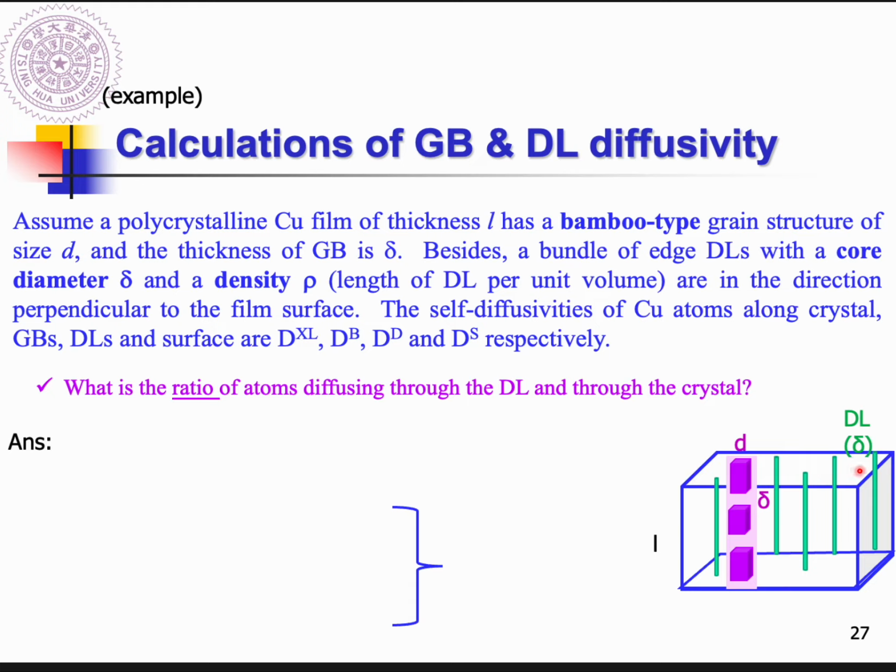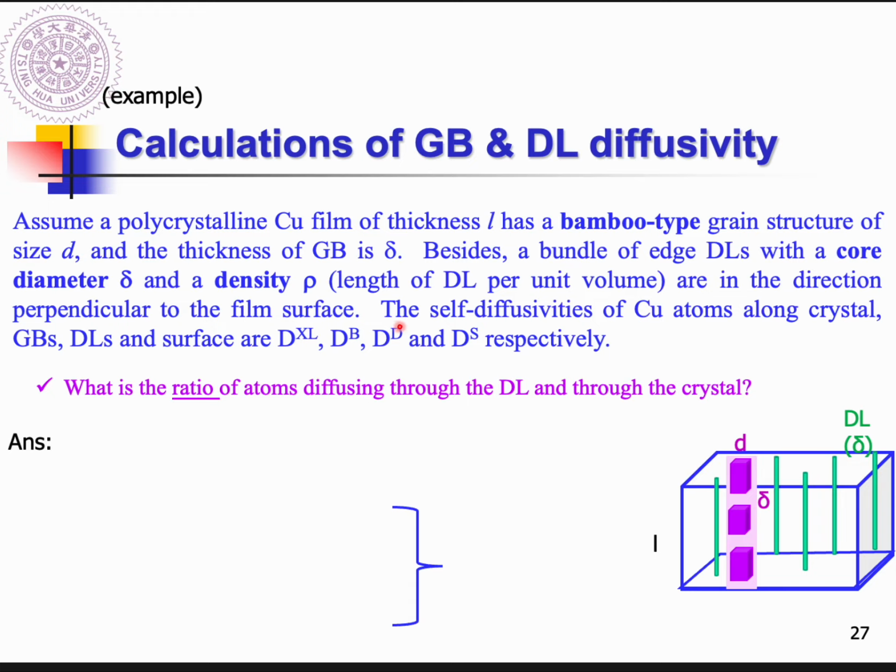I just try to draw 5 dislocations with diameter delta. Summing all lengths together gives the total length of dislocation per unit volume. This is the unit for density rho, and the direction of the dislocations is perpendicular to the film surface, shown like this.